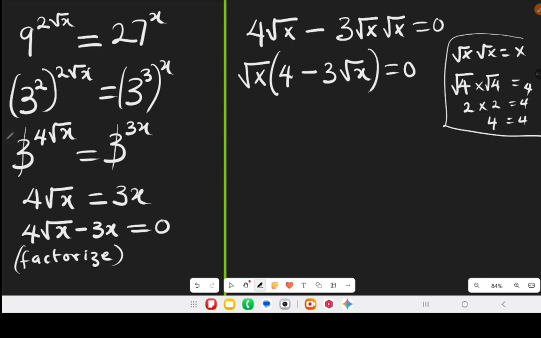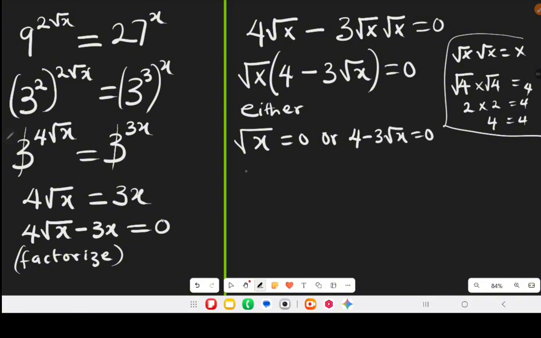Now, either root x is equal to 0 to make the whole expression 0, or the bracket is 0 to make the whole expression 0. If that is true, we say either root x equals 0 or 4 minus 3 root x equals 0.